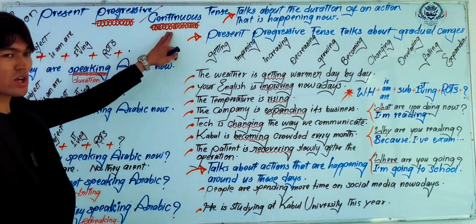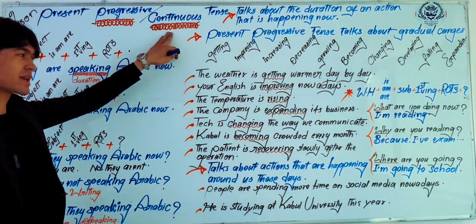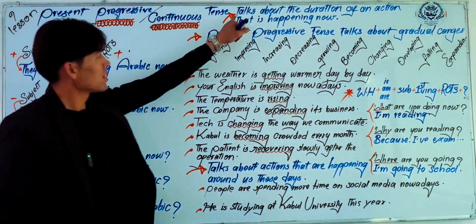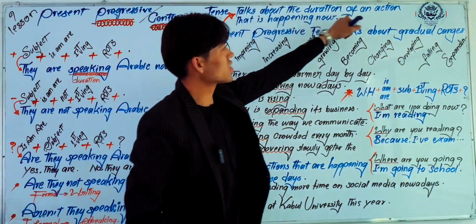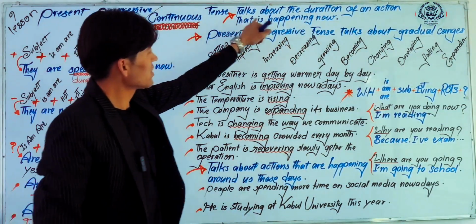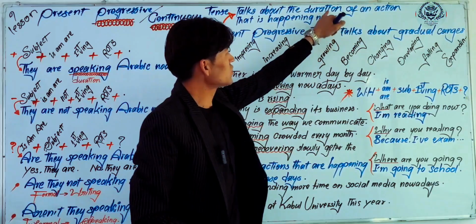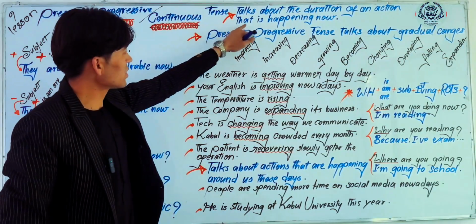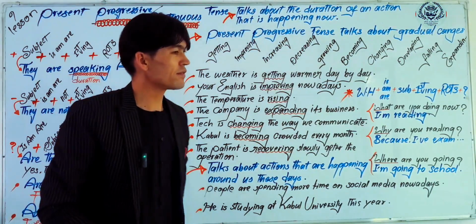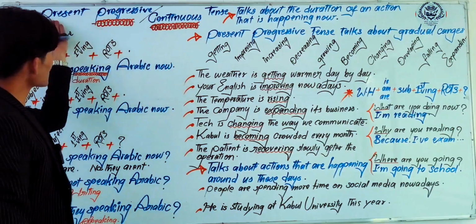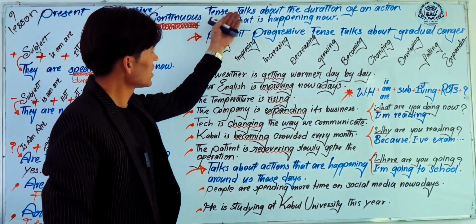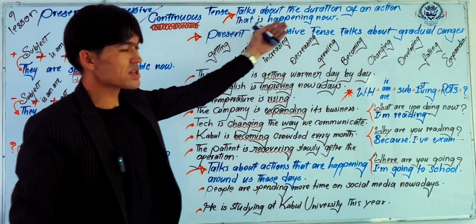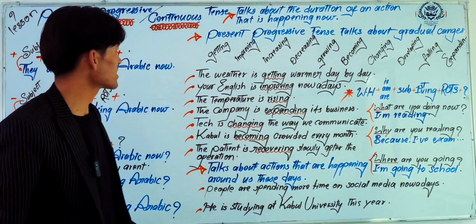Okay, whenever you see this diagram, you understand that this is continuous, the action which is happening now. خب زمان حال جاری کلا چی است؟ It talks about the duration of an action. زمان حال جاری راجع به در مورد چی صحبت میکنه؟ جریان عملها. خب در مورد کدوم جریان عملها صحبت میکنه؟ در مورد جریان عملهای that is happening now که فعلا در حال اتفاق افتاده است. Present progressive tense زمان حال جاری talks about the duration of an action در مورد جریان یک عمل صحبت میکنه that is happening now فعلا در حال اتفاق افتاده است.